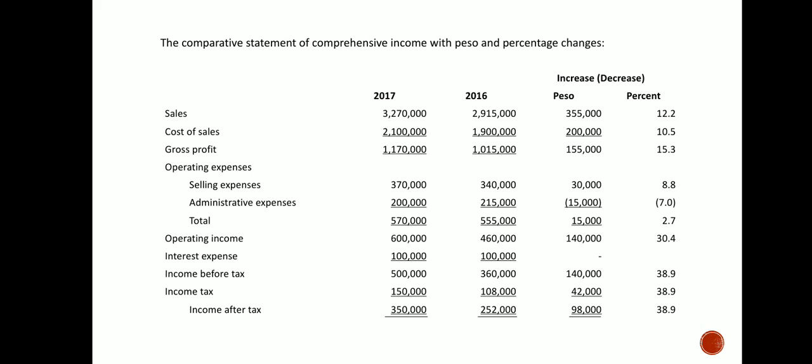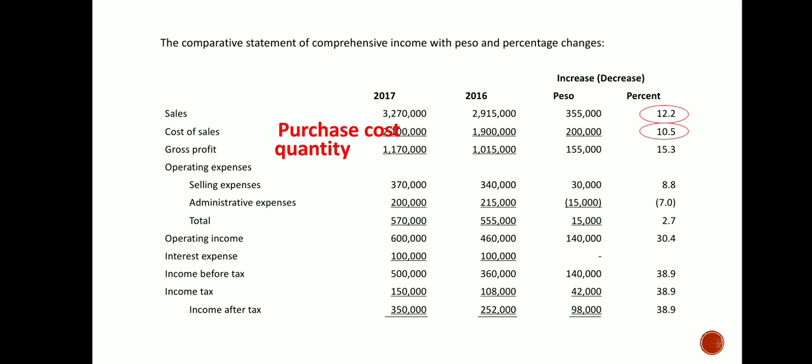The sales of the company increased by 12.2%, while the cost of sales increased only by 10.5%. The change in sales can be analyzed by evaluating the factors affecting sales, and these are the price and the quantity. The cost of sales, on the other hand, is affected by the purchase cost and the quantity.